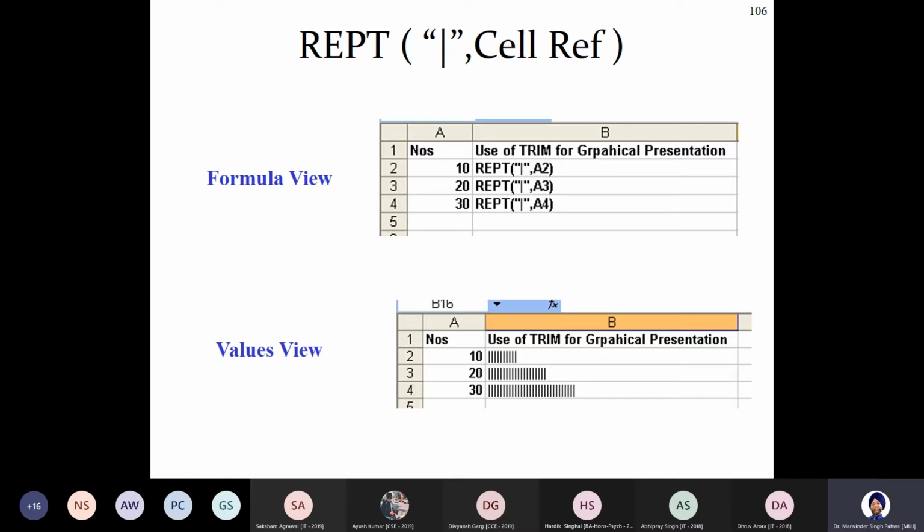Previously there was software called Lotus, and this particular thing was used to show graphical presentation. So see if it is working or not. It actually converts the numbers into these bars. Hope you are able to get it.